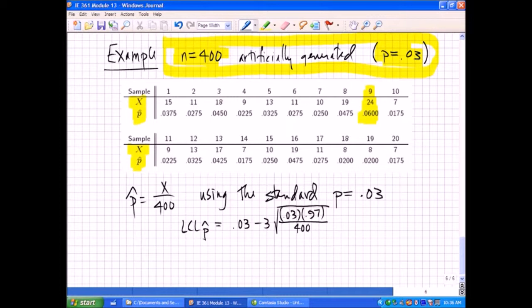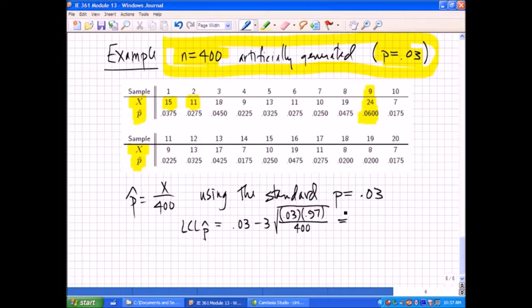As a matter of fact, there are 20 samples, but that's not relevant. What's relevant is how many items were inspected to find 15 non-conforming items at period 1, how many items were inspected to find 11 non-conforming items at period 2, and so on. You can check my arithmetic.